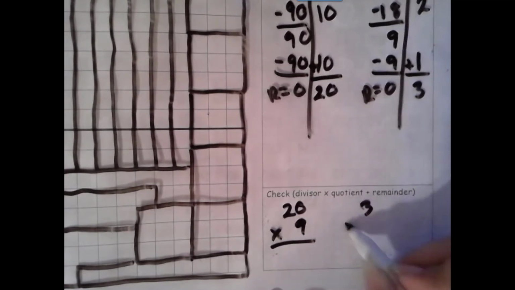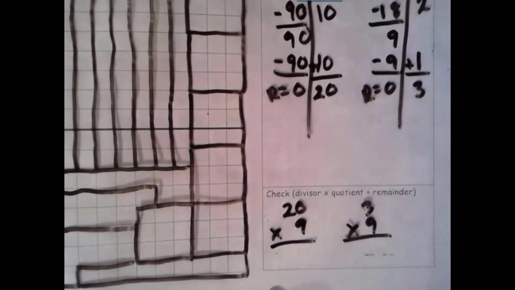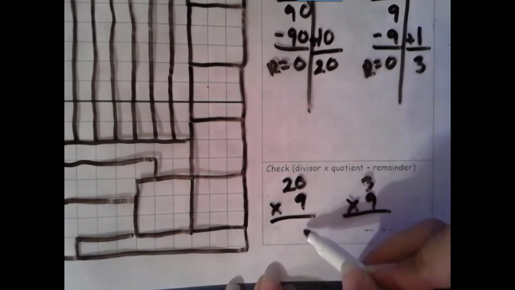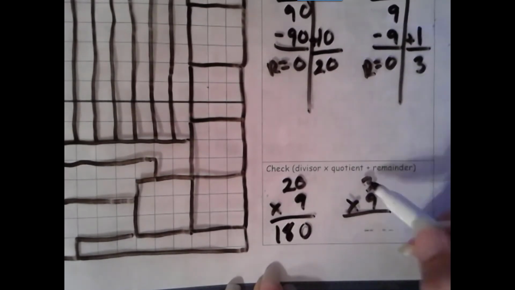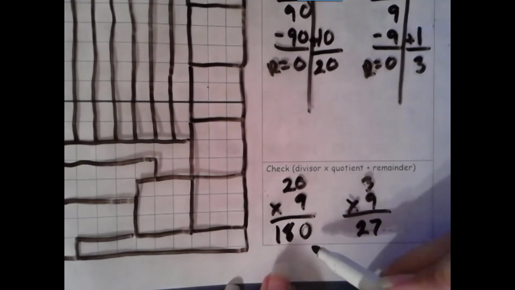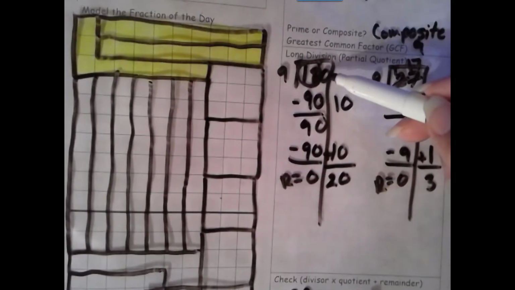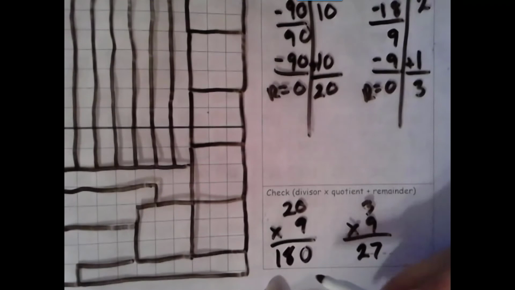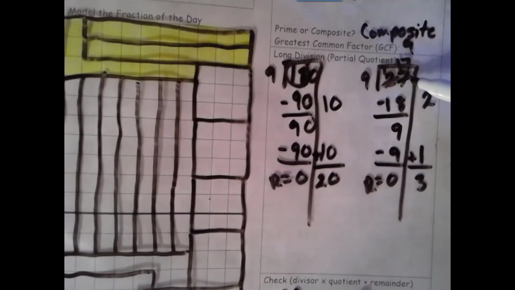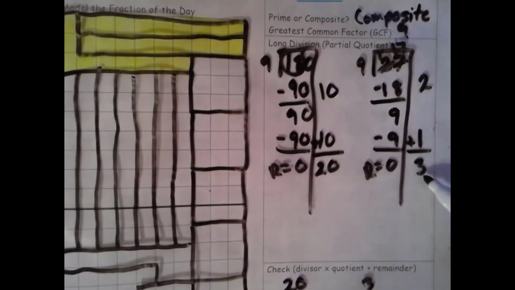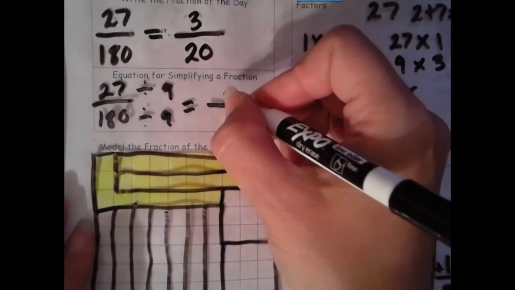Since it's just going to stay the same, I don't need to take the time to add it. 9 times 0 is 0. 9 times 2 is 18. 9 times 3 is 27. 180 matches my dividend up here, so that checks. 27 matches my dividend up here, so that checks. That means 3 is my new numerator and 20 is my new denominator.